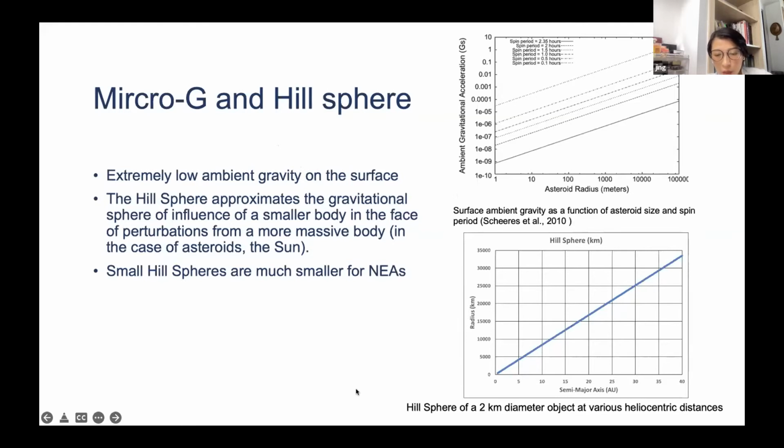Because they are very small in size, and also close to the sun, the Hill sphere is very small for NEAs. The Hill sphere is the gravitational sphere of influence of a small body in the face of a more massive body, here the sun. So we can guess that when a small grain is lifted from the body, it can very easily leave the surface.